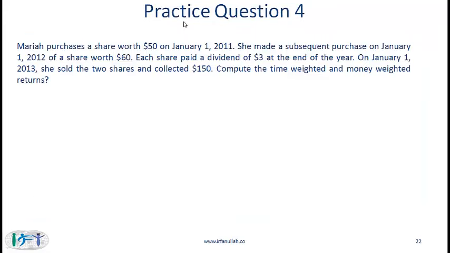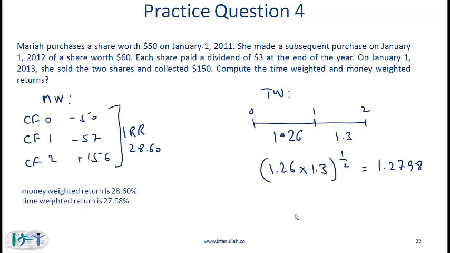Let us take a look at this practice question now, and I want you to try this before you watch the video. So for the money weighted return, you enter the cash flows as follows. Cash flow 0 is minus 50 because that's your initial investment. At the end of period 1, you spend $60 more on a share, but you get a dividend of 3.